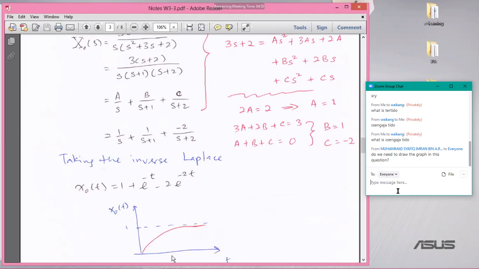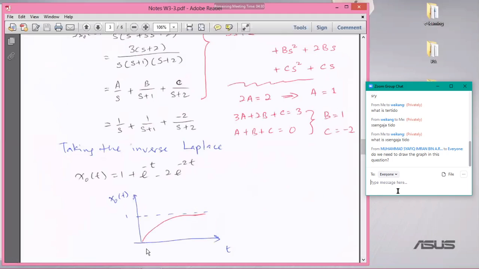Depending on the question. If the question asks you to draw the response, then you need to draw this graph. If the question just wants you to obtain the mathematical solution, then you don't have to draw. So why do I draw this response? Because I want to show you there is a transient part and a steady state part.